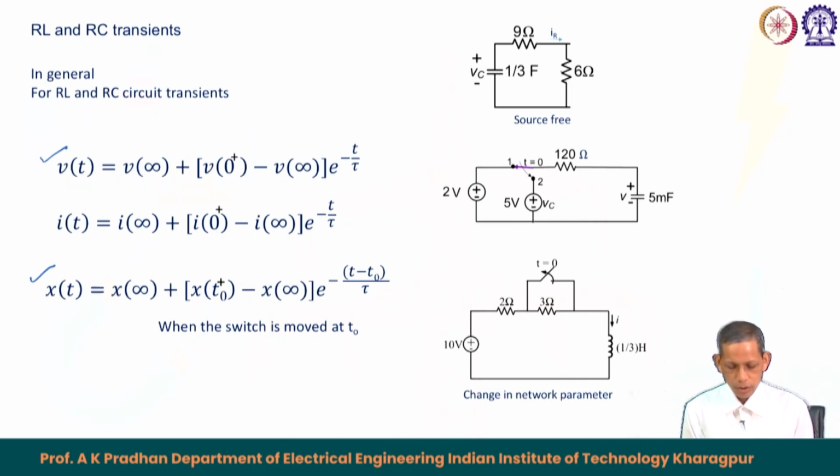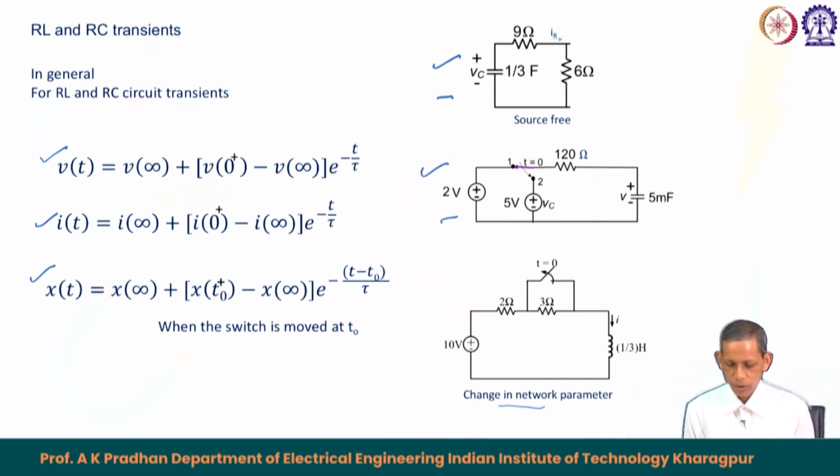This V or I can be for an RL or RC circuit. We also saw that we can apply this approach for a single storage element like C or L, whether it is charging or discharging of the capacitor, the source free situation, the case with a source, and also any change in network parameter which results in a transient situation.